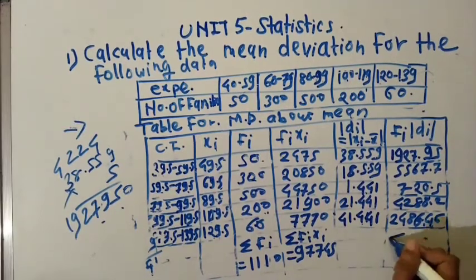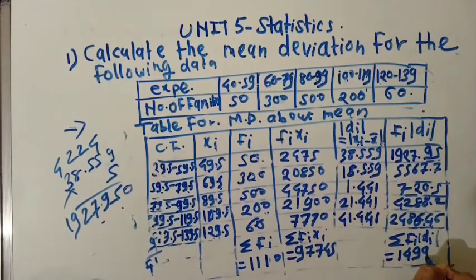Then taking addition of all these values, summation of fi into di is equal to 14990.81.